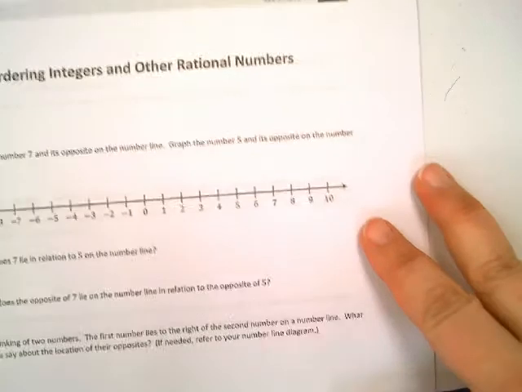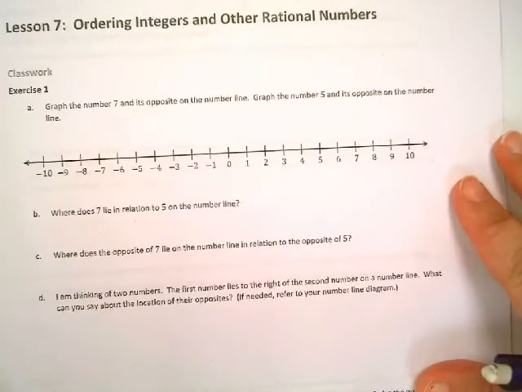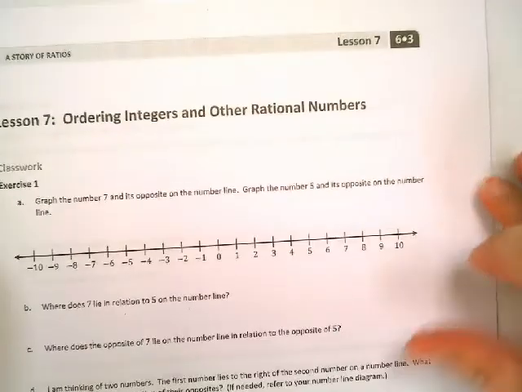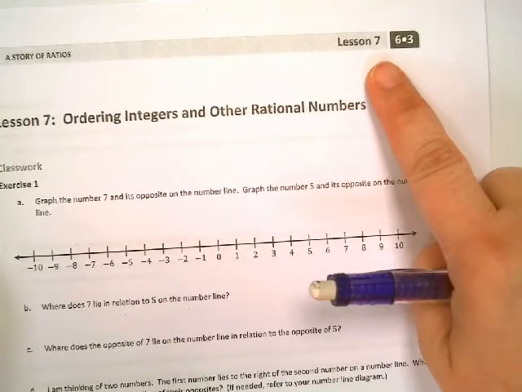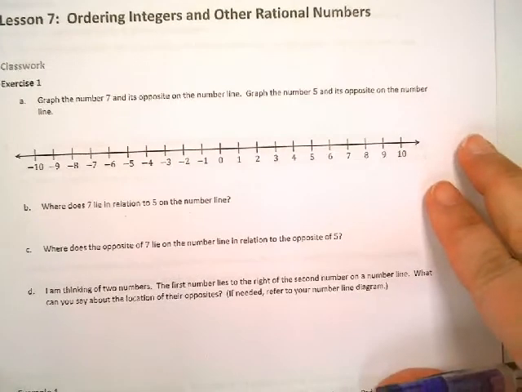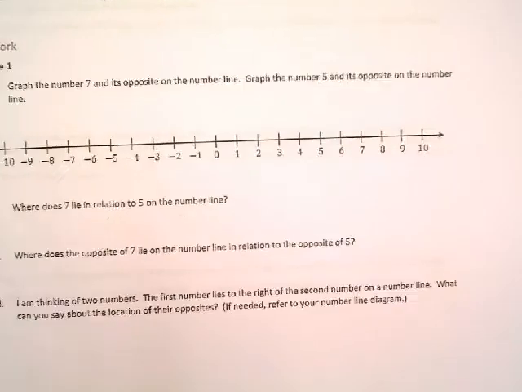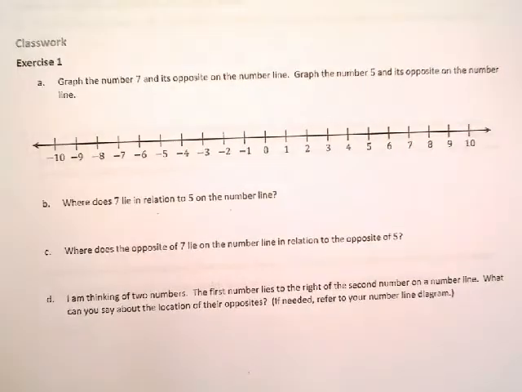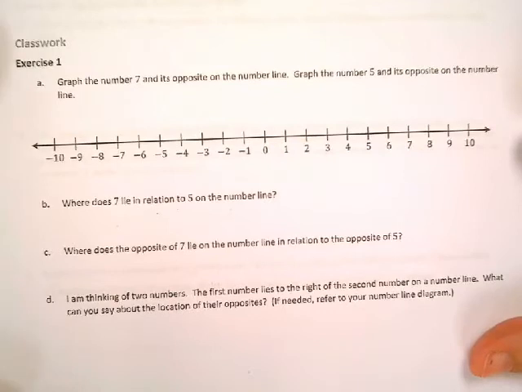Otherwise, I would like for you to take out your math book and open it up to page S25. We are in Lesson 7, Module 6.3. We are going to go over this first exercise together, and then I'm going to give you some practice on your own.